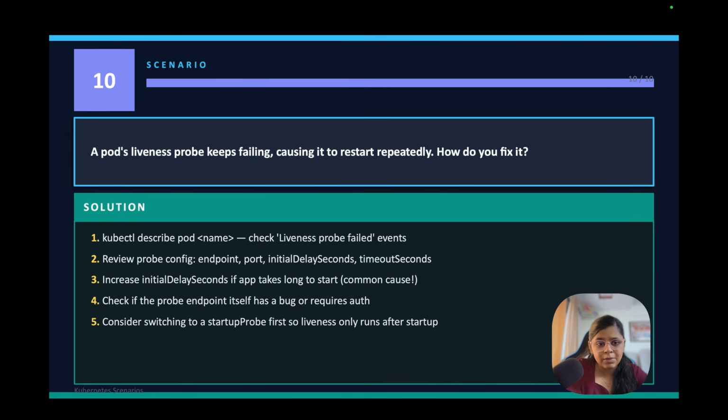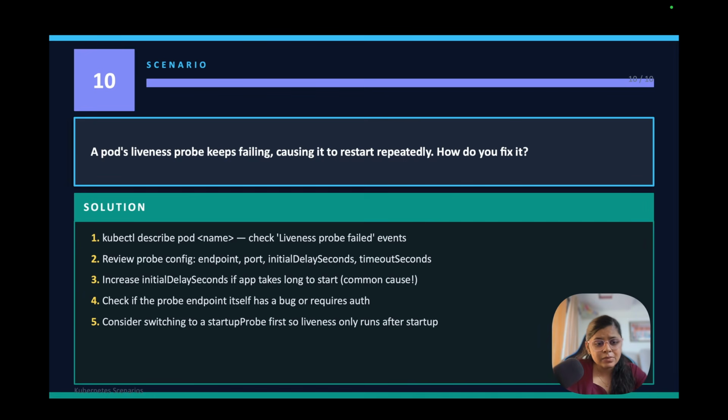So it might happen that before the actual connection itself, the timeout happens and it just fails and restarts again. So it may be because of the initial delay seconds. If you increase the initial delay seconds, then that connection can happen properly, and then you can proceed further.